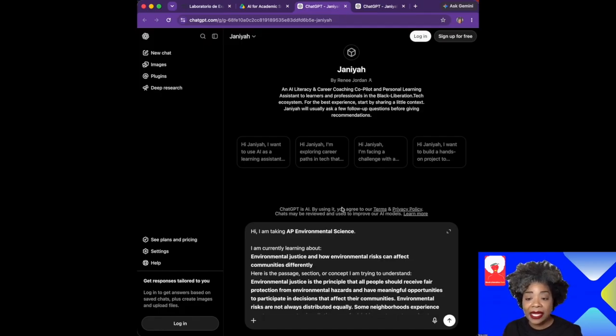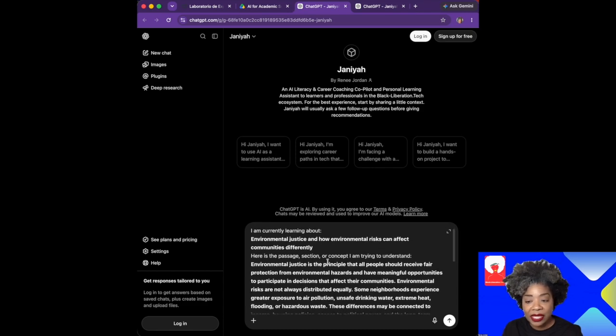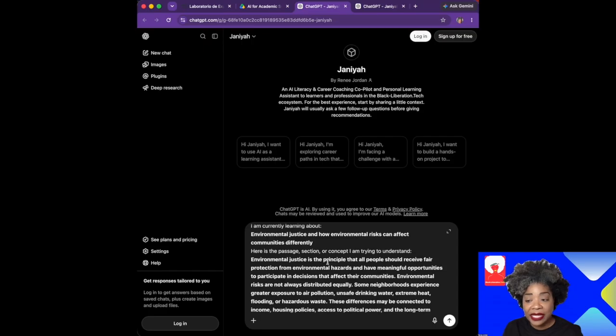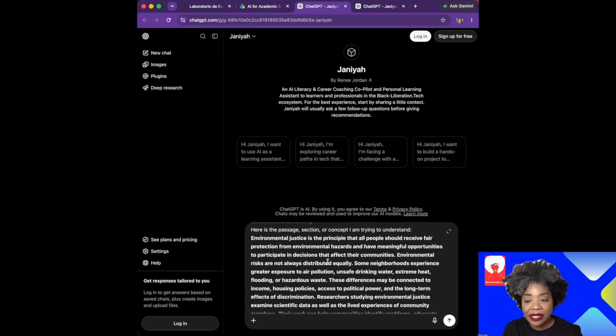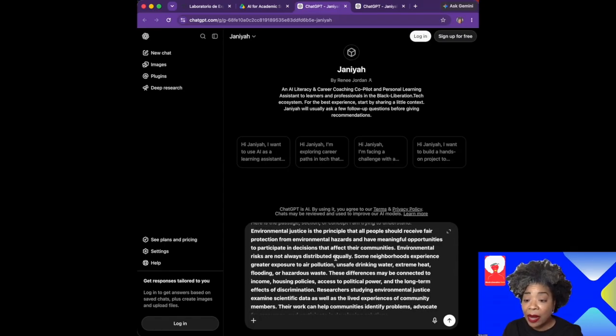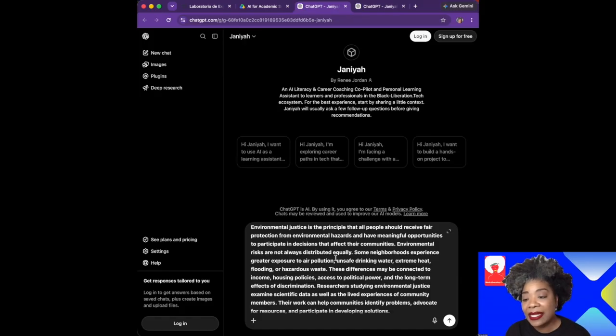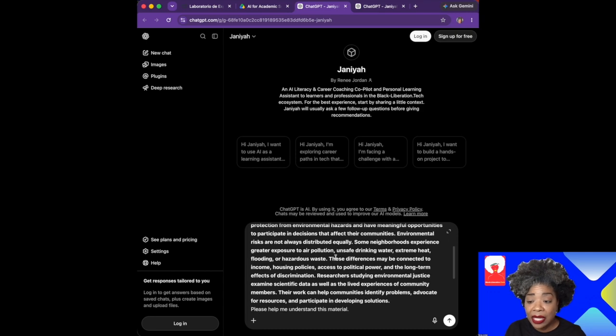So, hi, I'm taking AP Environmental Science. I am currently learning about environmental justice and how environmental risks can affect communities differently. Here is the passage, section, or concept I am trying to understand. Environmental justice is the principle that all people should receive fair protection from environmental hazards and have meaningful opportunities to participate in decisions that affect their communities. Environmental risks are not always distributed equally.